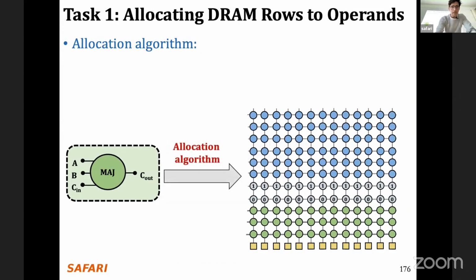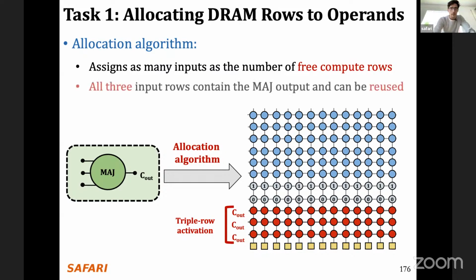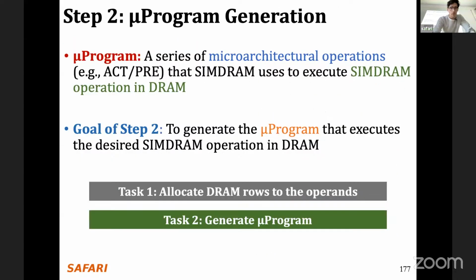The thing is that we can perform this allocation, for example, for that simple majority operation that is part of a full adder, and actually is what we need to calculate the carry out. We could directly place A, B, and C into the compute rows and then activate them, and this way we have 3 copies of C out. And this can be useful, by the way, because now we have 3 copies of the same operand, and we can use them in later operations. They can be reused.